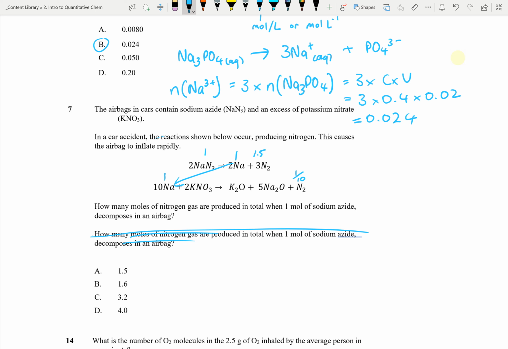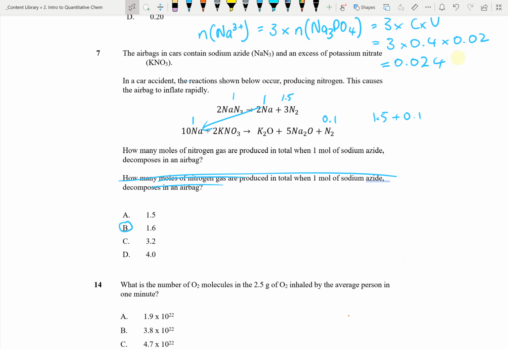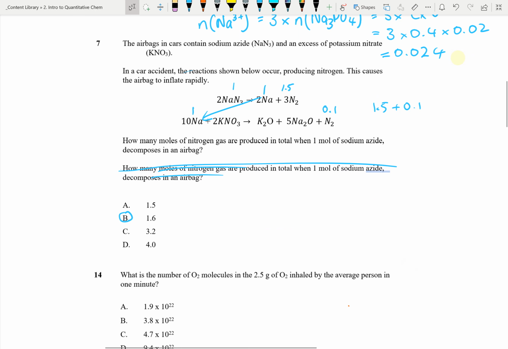Another way to put that is 0.1 is 1/10. And so my moles total is 1.5 plus 0.1, 1.6. This would be a very hard question, by the way. It's just using molar ratios, but in a very confusing way.